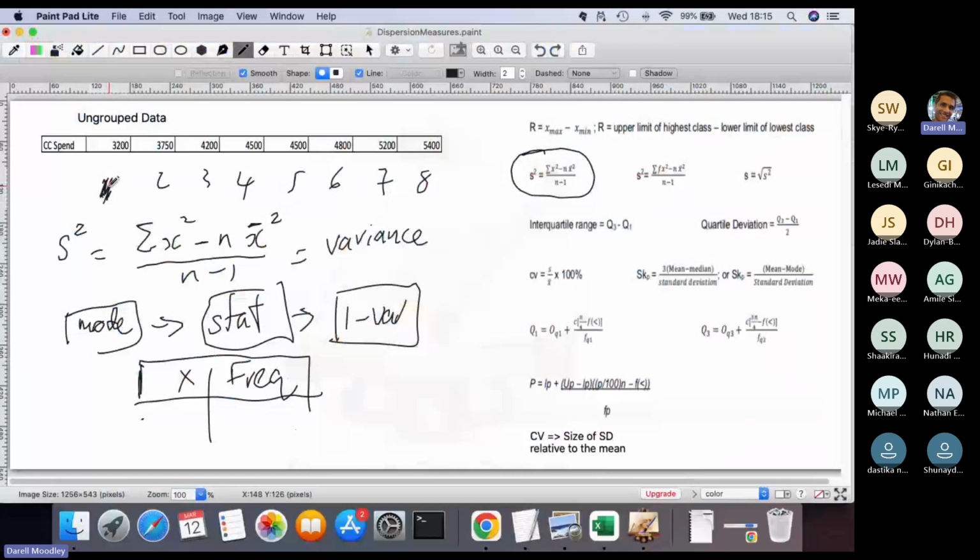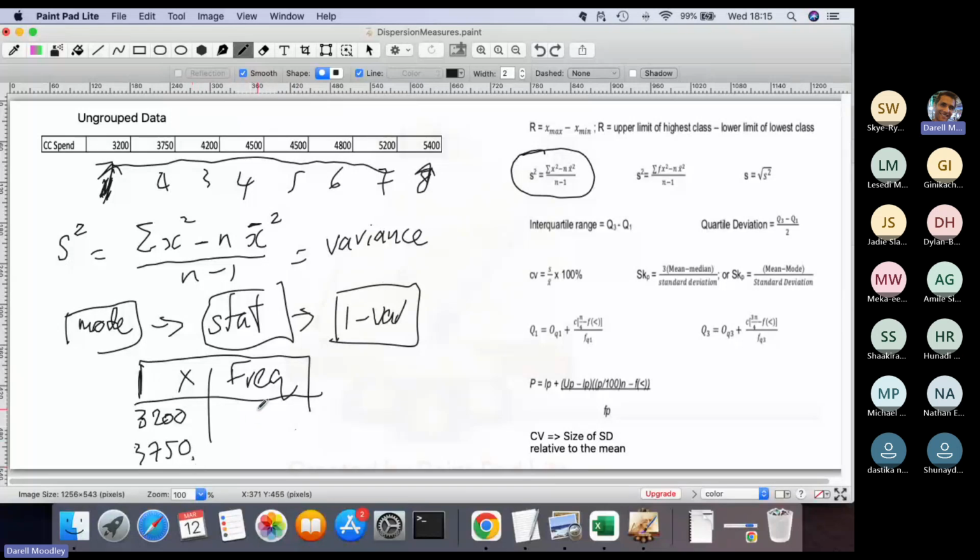What I want you to do now is capture this data. On your calculator, in the X values, you're going to capture all of this data. The first value we capture is 3,200, and it equals. Then you capture 3,750, and it equals. Capture all of this until you get to 5,400. I'll give you a second to get there.